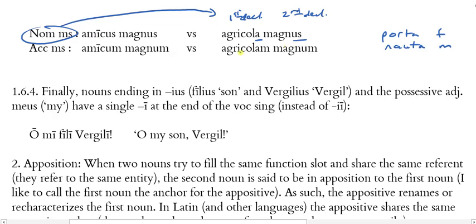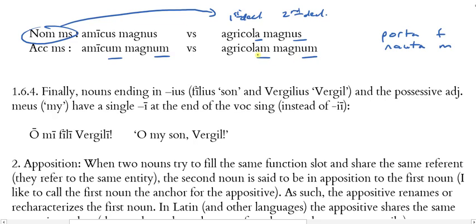All right, so if I were to put amicus magnus into accusative case and leave it masculine singular, I get amicum, there's the ending, and magnum. So there they do match spelling, but with the first declension noun agricola, I get agricolam magnum.